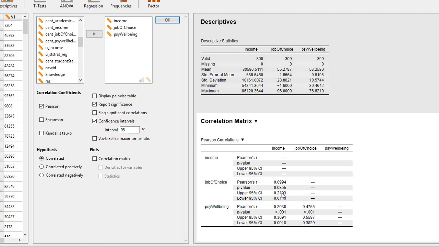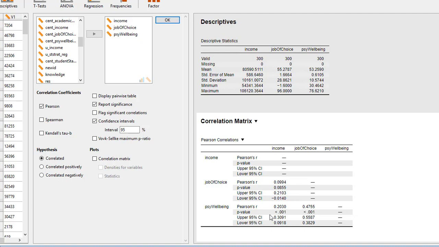So this is our estimation of the correlation between job of choice and income. The point estimate is 0.099, and the lower bound is negative 0.014, and the upper bound is 0.21.